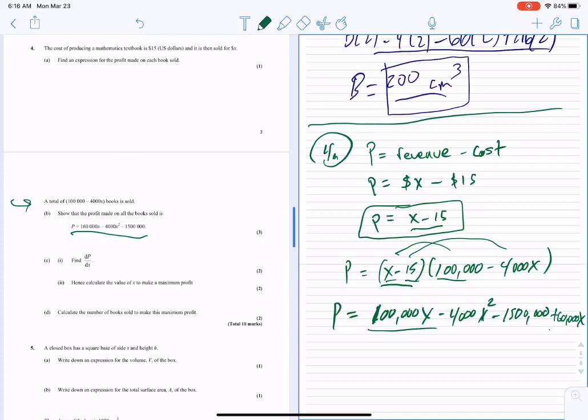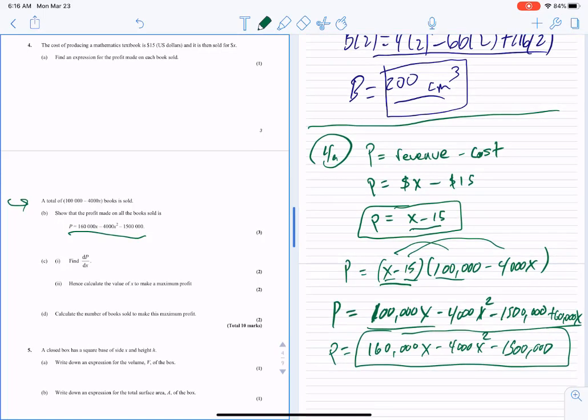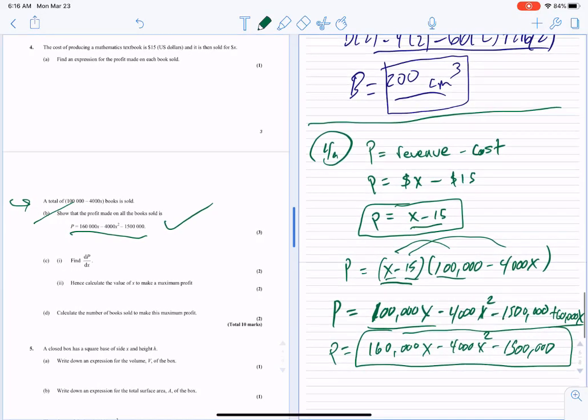We'll combine the x terms right here. So we're going to get 160,000x minus 4,000x squared, and then minus 1.5 million. And as you can see, that's actually what they want us to have or prove right here. So we're done. So this was 4b.